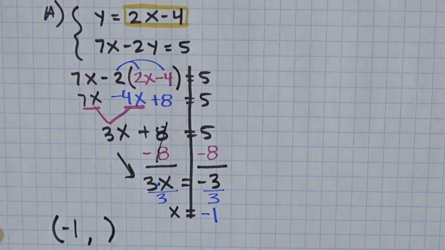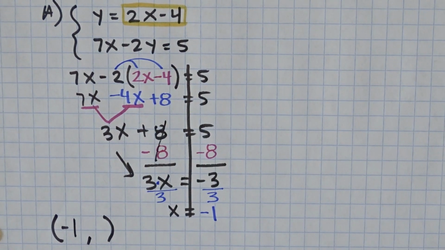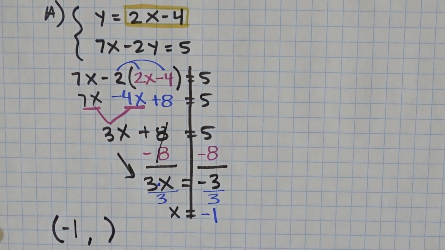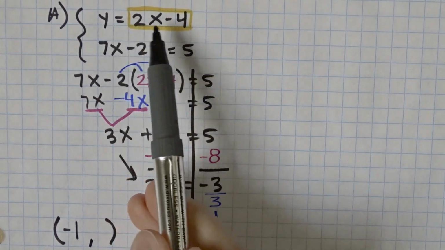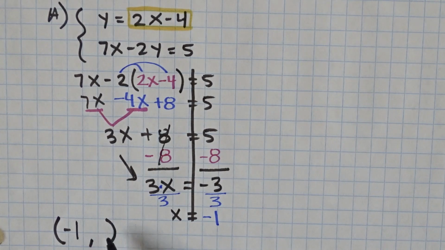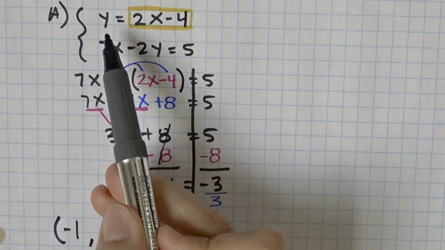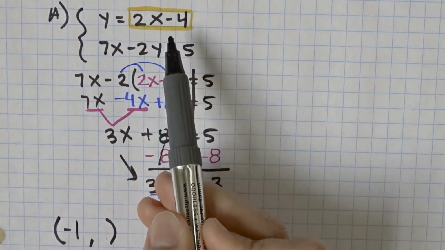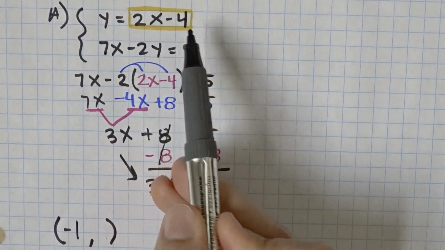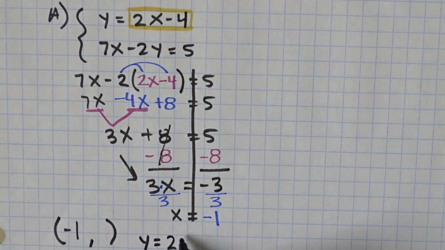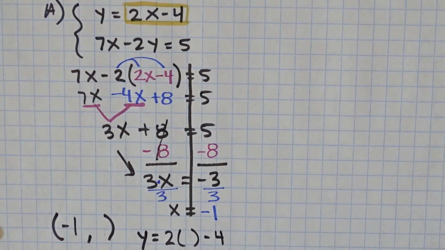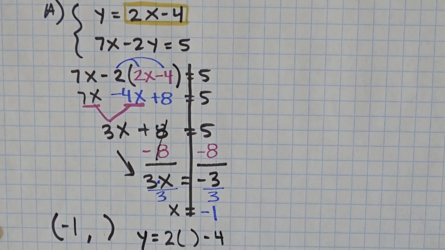All right, now I have to find my y. Looking at the original problem we were given, they tell us right here what y equals. So if I want to know this y, it's right here. You most likely will always go back to the nickname. y equals 2x minus 4. So that's what I'm going to use. I used a bubble for my x because I do know what my x is and I'm going to be plugging it in.